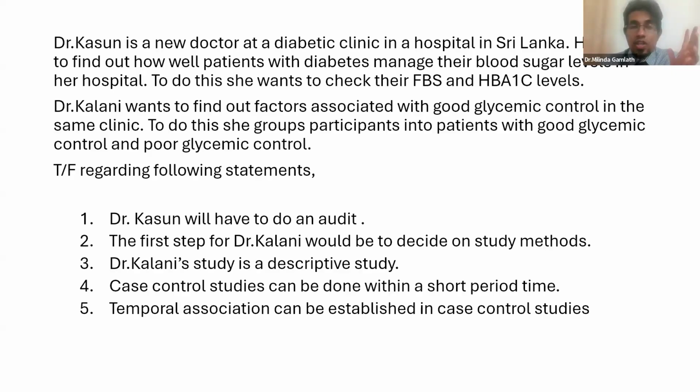There's no mention of whether she has identified a problem, whether there's a hint that some people have bad, or rather poor, glycemic control, and those people appear to be from a poor socioeconomic background. But the next step should always be a literature review. Even if she found a problem, she should go into the literature, look at these databases, and talk to content experts to see whether such research has been done.